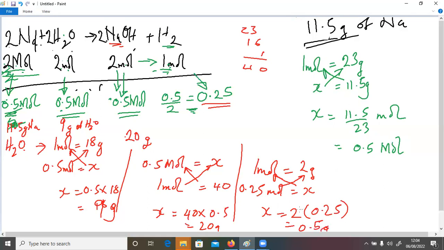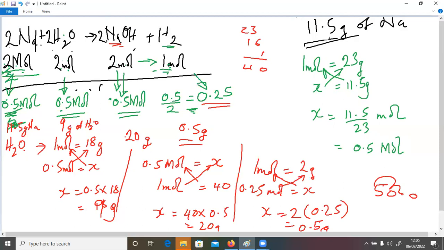So you see, basic arithmetic: ignore the decimal, do the multiplication, and you get 50. Then put your decimal places back, so 0.5 grams. So we'll produce 0.5 grams of hydrogen gas. I hope this makes sense.